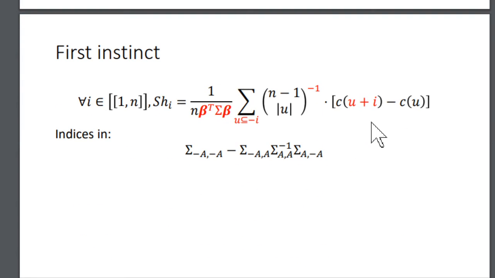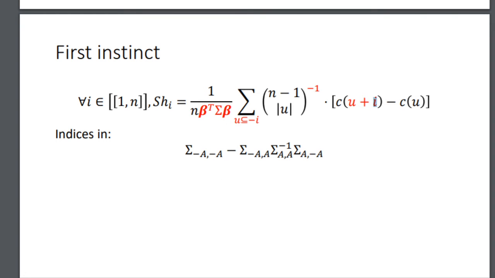So my first instinct was to look at the formula and say, okay, maybe I did the matrix multiplication wrong. To look at the subset, so maybe I did the minus I part incorrectly, maybe I did the subset part wrong, maybe I forgot the minus 1, maybe I did the plus, so the union here, wrong.